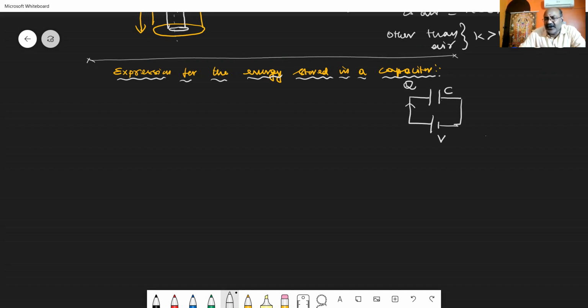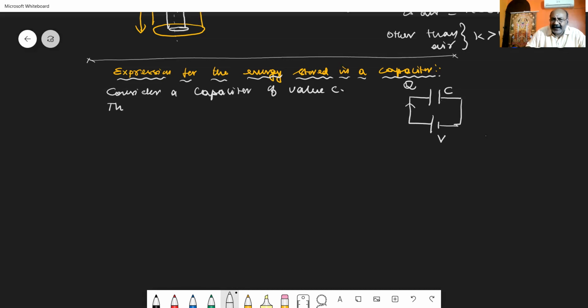Let us consider Q is the total amount of charge given to the capacitor. So in order to store the charge, what is the work done? We have to calculate that. That work done is stored in the capacitor as electrostatic potential energy. So in order to obtain that expression, let us consider a capacitor of value C.